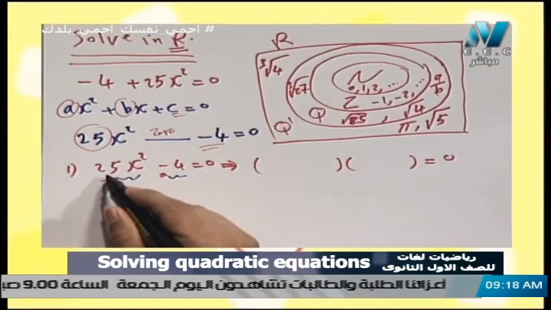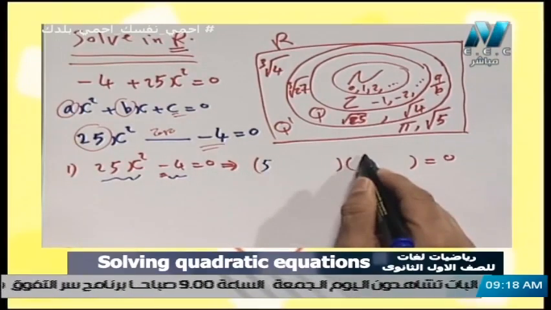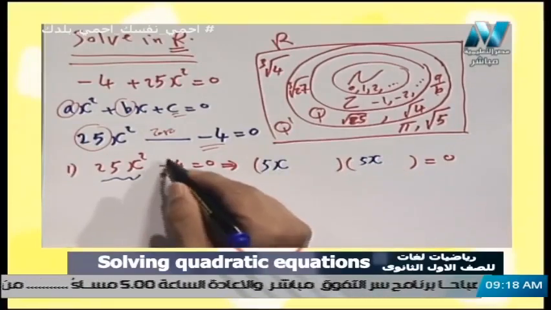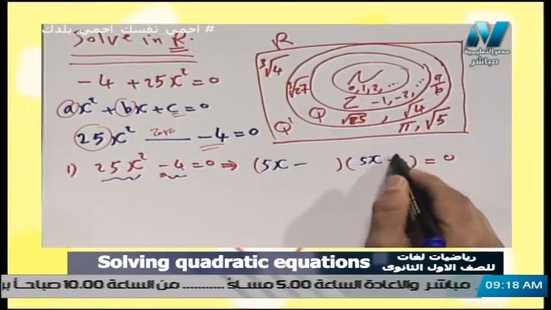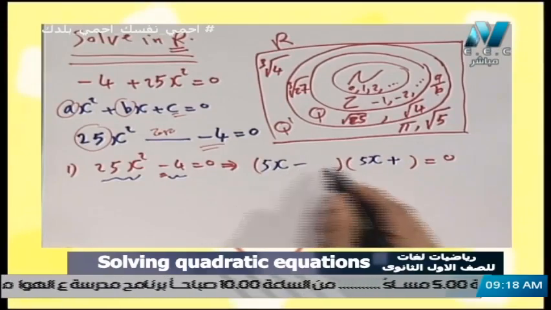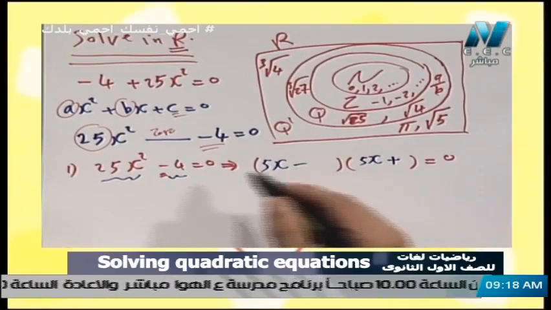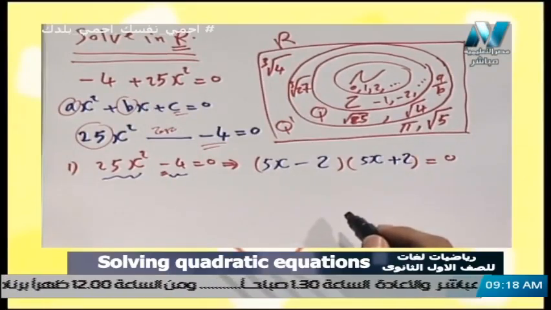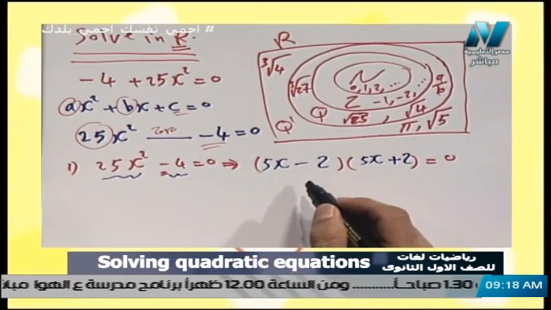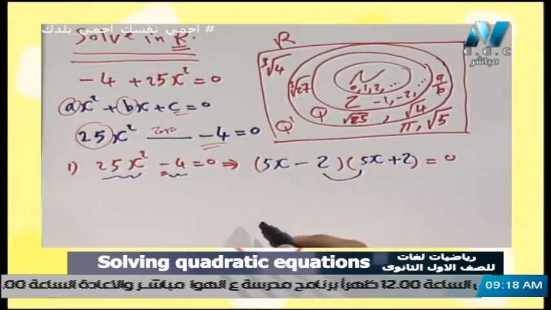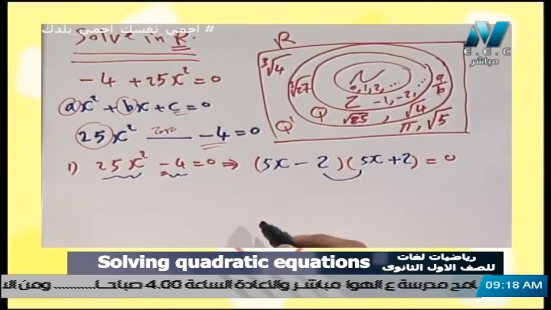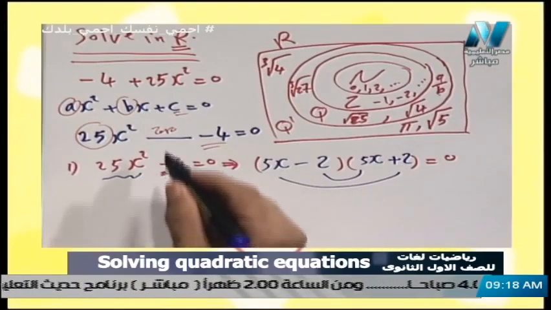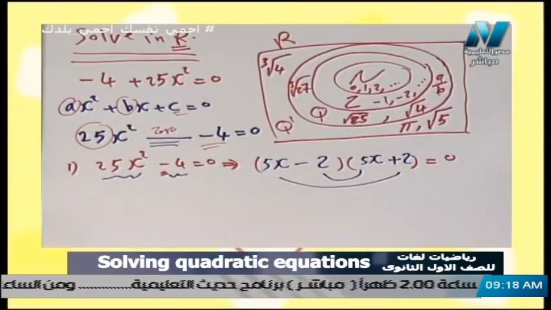Here 25 is 5 multiplied by 5, x power 2 is x multiplied by x, negative means negative multiplied by positive or positive multiplied by negative, and 4 is 2 multiplied by itself. To check that it is correct, we multiply the product of the means and the product of the extremes. Their sum will be 0, which is the middle term.